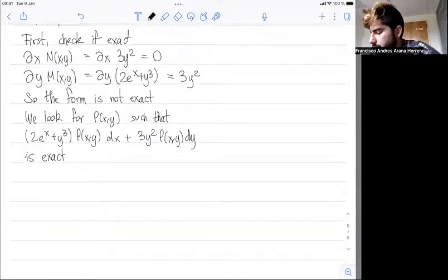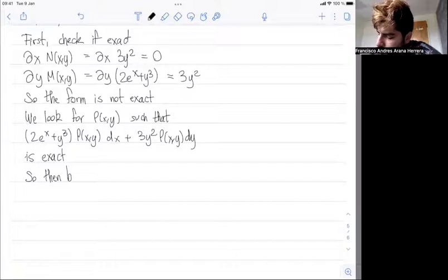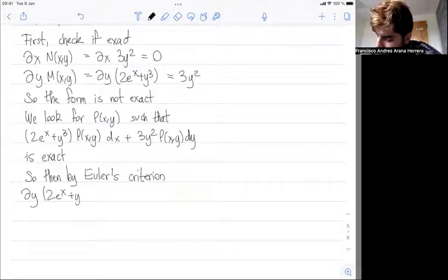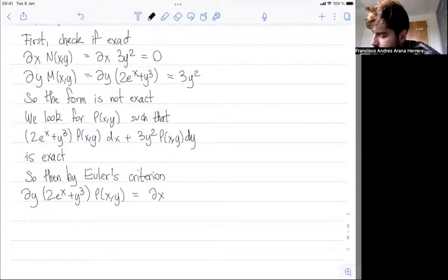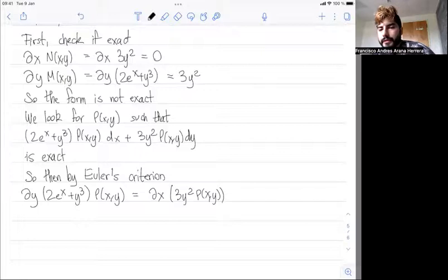So for this to be exact, by Euler's criterion, we should have that partial y of the M function, which in this case is (2e^x + y^3) rho(x,y), should be equal to partial x of the N function, which in this case is 3y^2 rho(x,y). Let's apply the product rule.